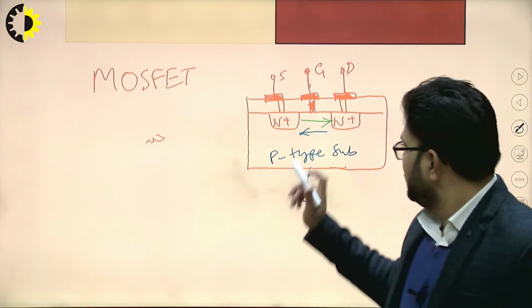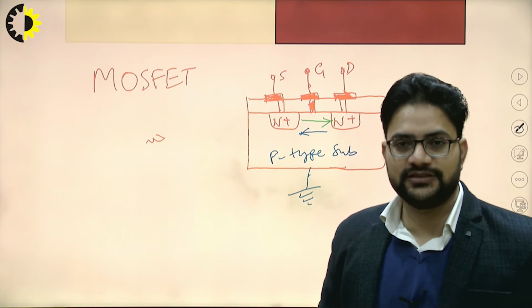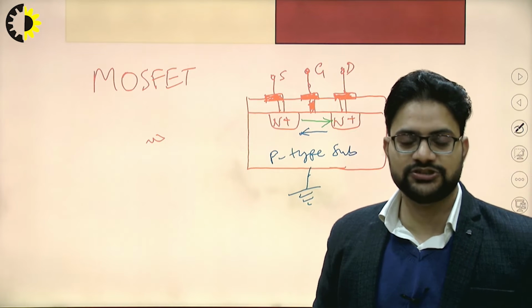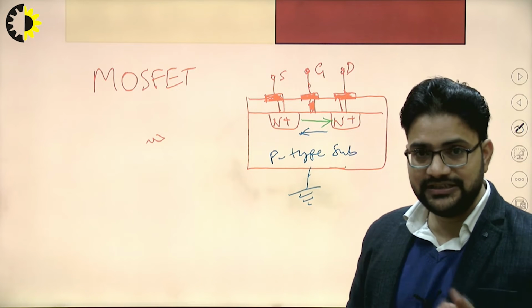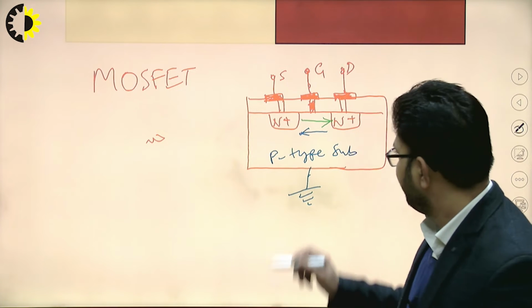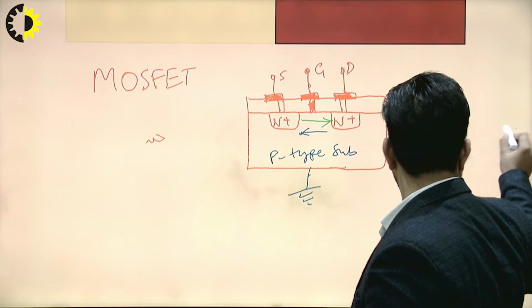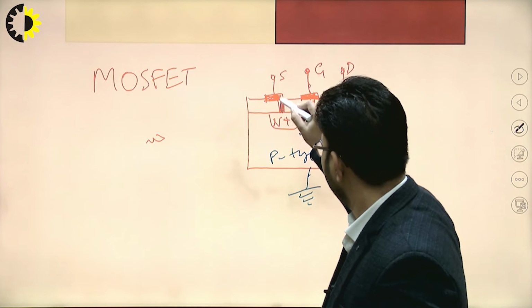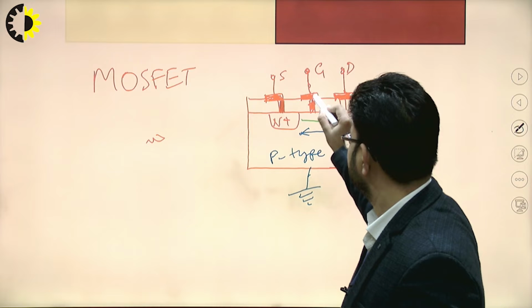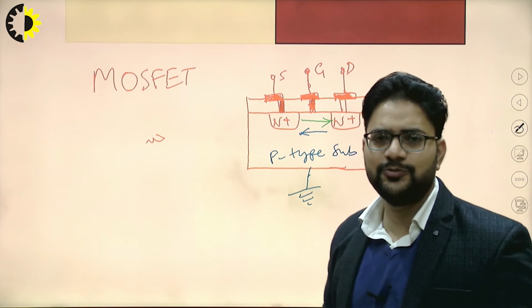So why is the MOSFET called a MOSFET? Many interviews ask this question. It is because it consists of 3 different layers. First is the metal plate. These are the metal plates, usually made up of aluminium.